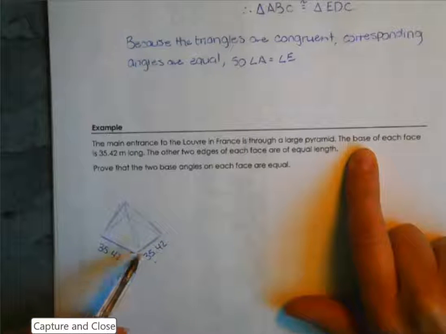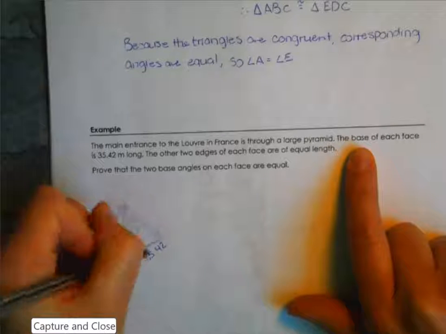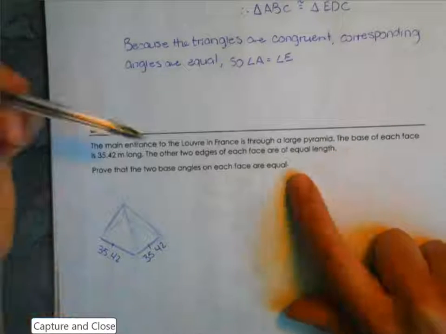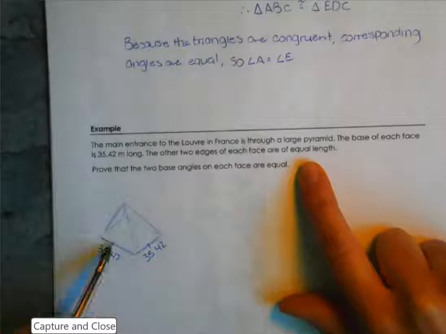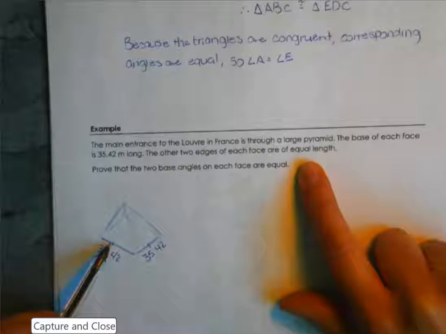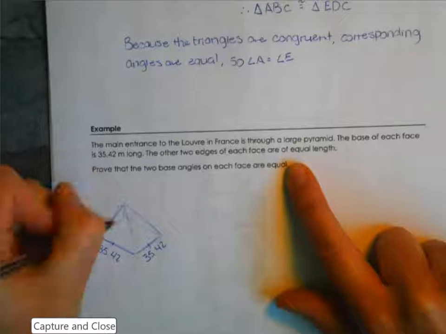So we have the lengths of each side at the bottom are the same, right? So basically, in terms of triangles, we could think of it like this. The other two edges of each face are of equal length. So if you think about one face here, then we're saying the other two edges are of equal length to each other.